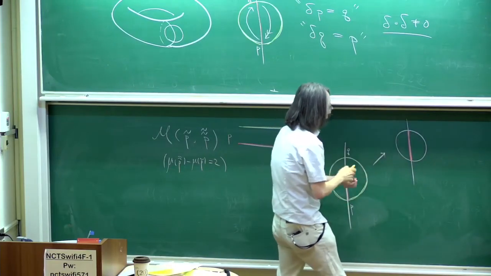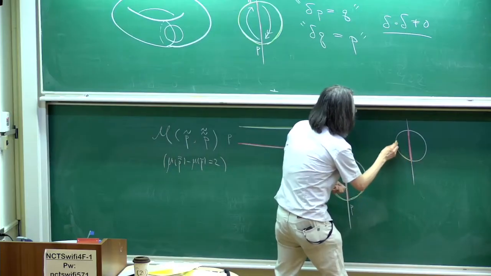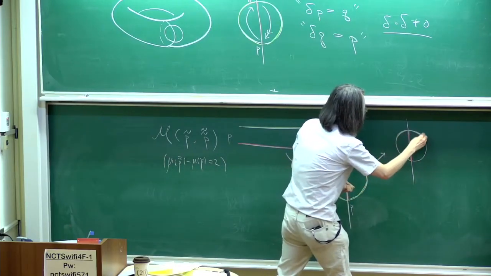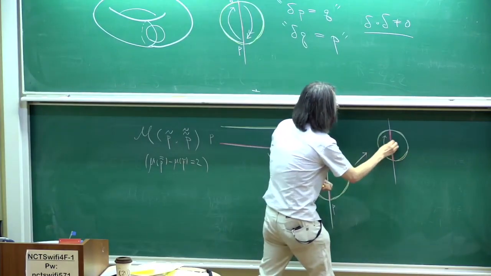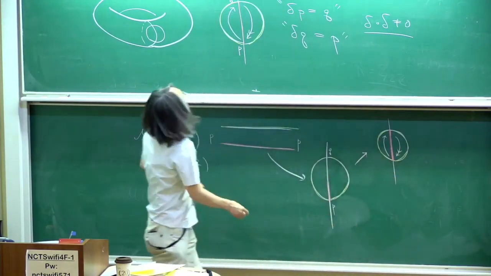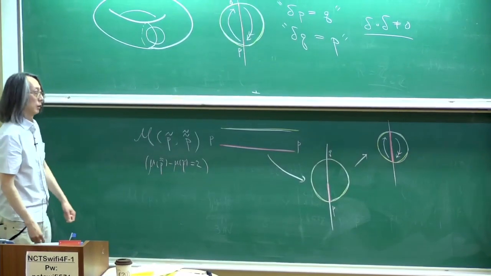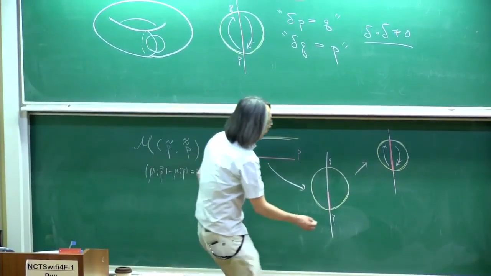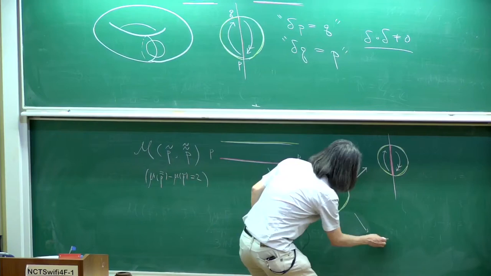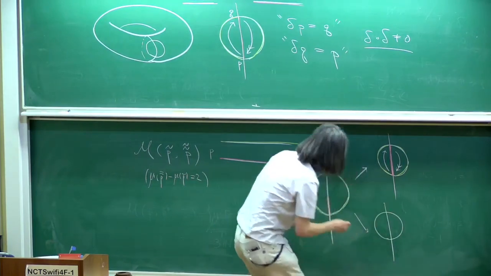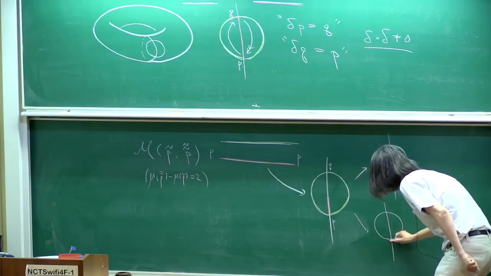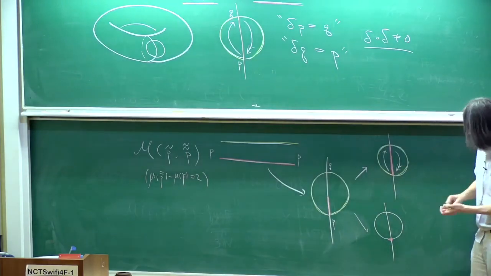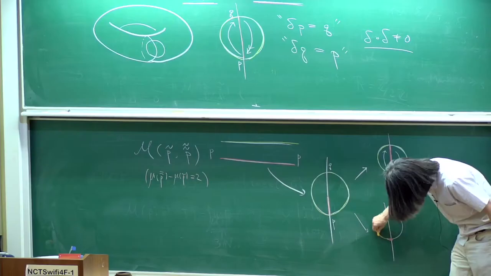But then this yellow one is also going this way, and going back this way, right? So therefore, this is the picture exactly happening like this. But the other one is, the red one is just here, and the yellow one just goes around once.